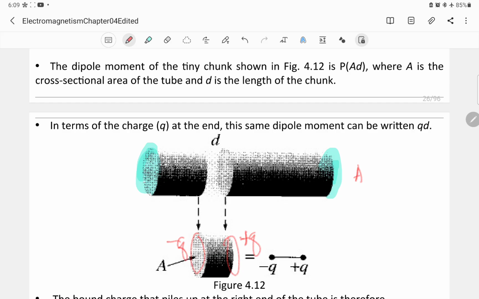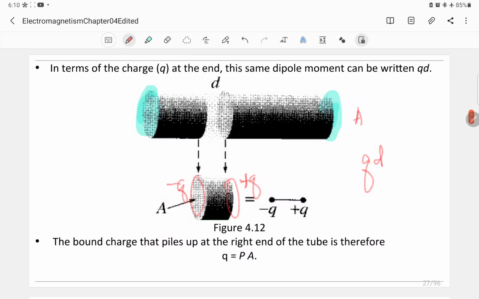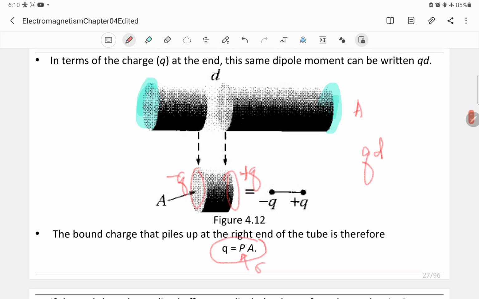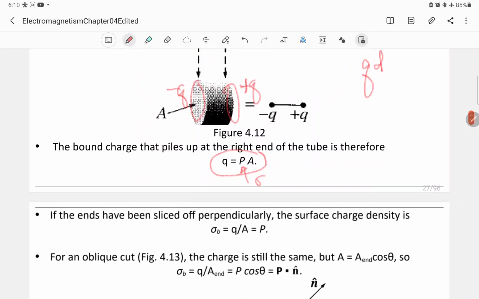So you will have a dipole moment Qd, so that your charge distribution on the side would be equal to this. This is just equal to the sigma. So this one is Q equals PA.